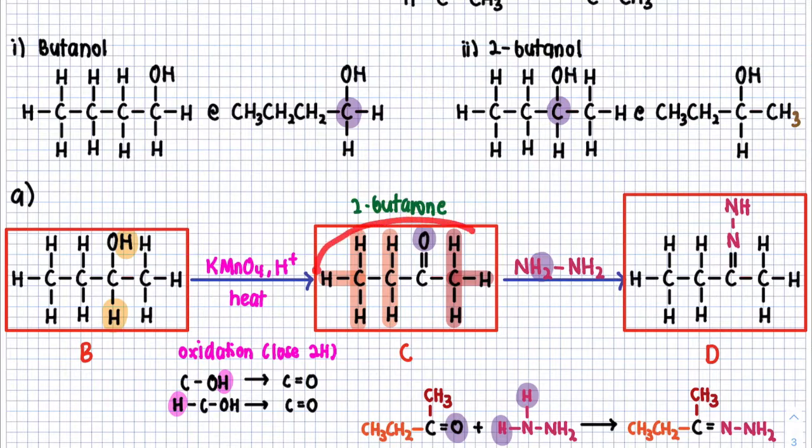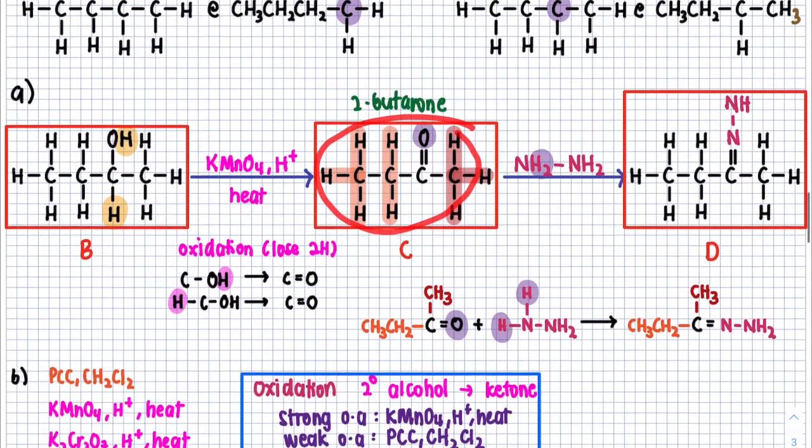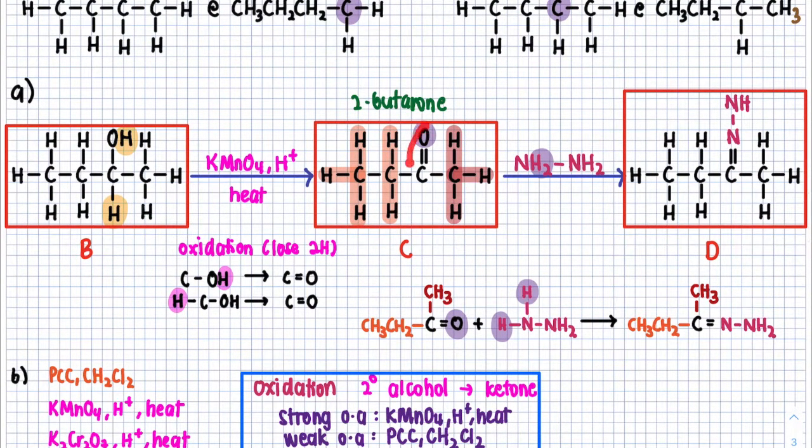Okay, so if you be unsure, tak nampak macam mana dapat macam ni. Again, from our 2 butanone ni, I have rearranged it to get C double bond O ni kat tepi macam ni. CH3 ni macam ni. And this one is CH3, CH2. Okay, we react with hydrazine. Okay, hydrazine ni we want to remove our 2 of our hydrogen kan. So that's why I put it on my left hand side.